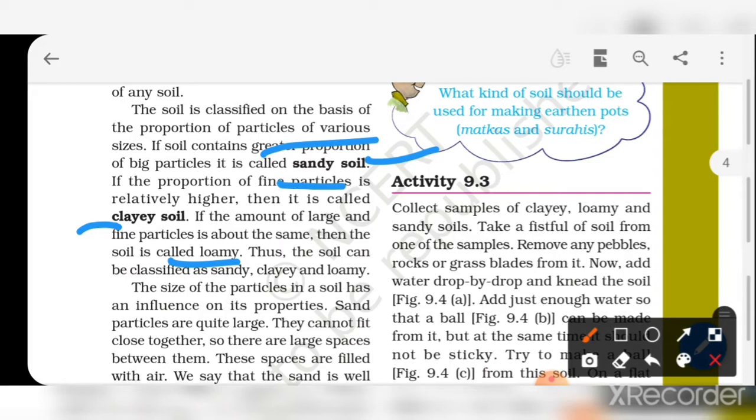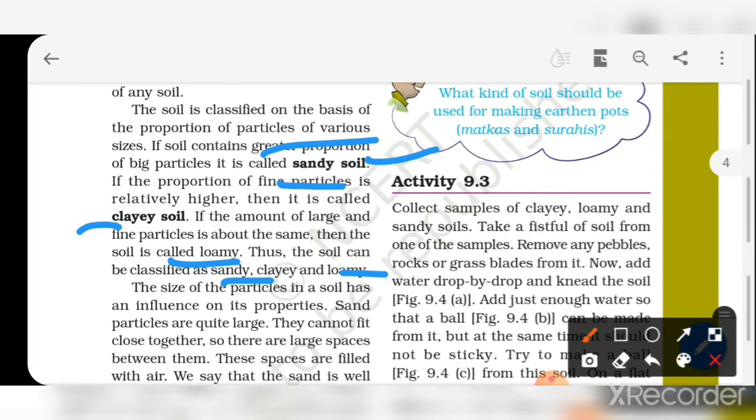If the amount of the large and the fine particles is about the same, उस types के जो particles हैं उसको क्या कहते हैं? Loamy soil. Thus the soil can be classified as the sandy, clay and the loamy. Generally there are mainly three types of the soil, which is sandy, clay and loamy soil.